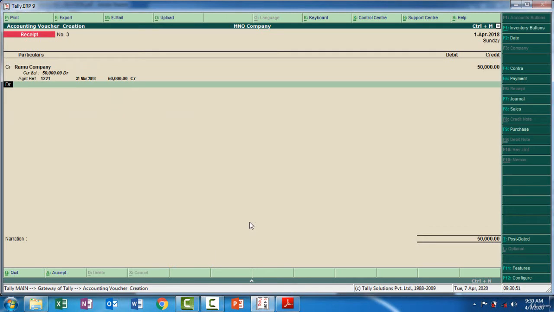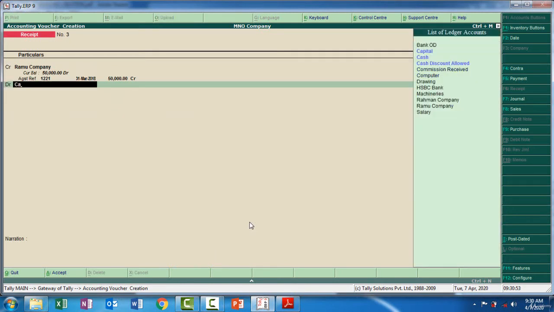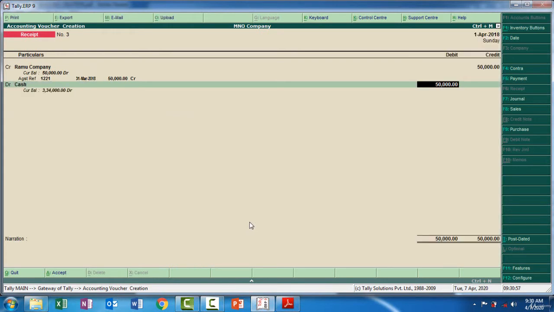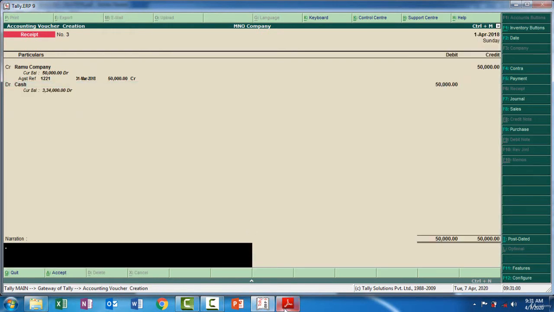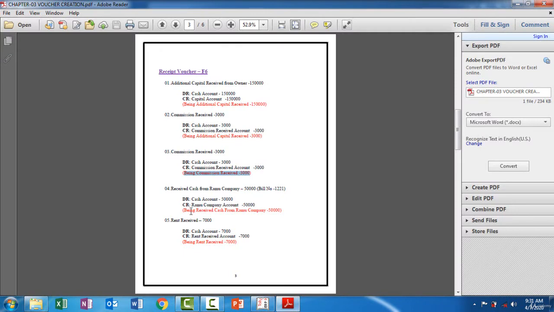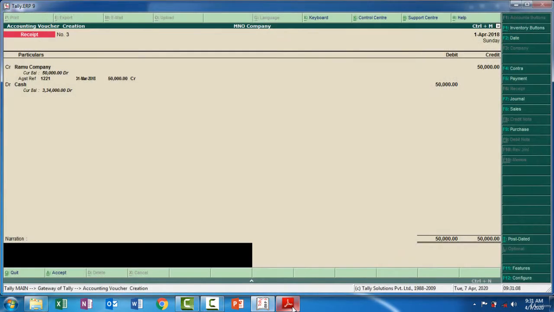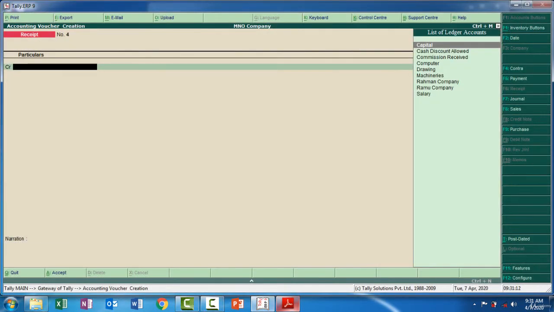Then the debit is cash account debit. He gave the cash, so cash account debit 50,000. The narration is being received cash from Ramu company 50,000.